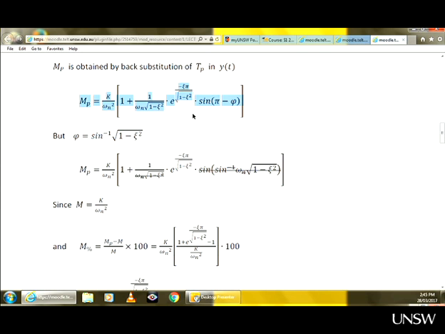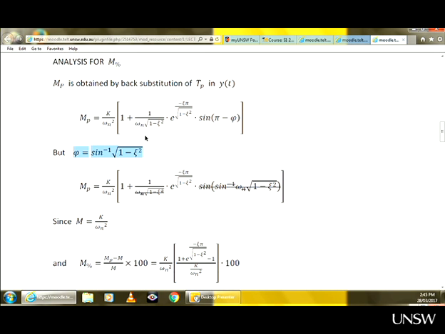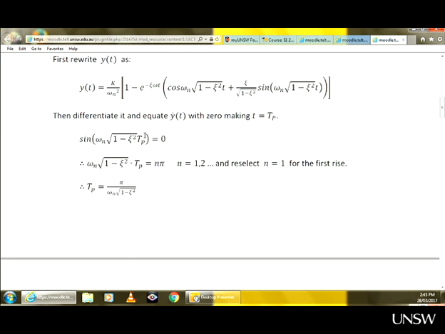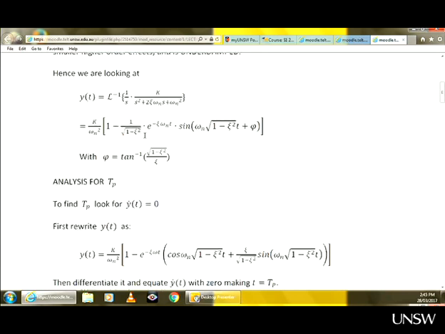Okay, we can simplify that because sine of pi minus phi is still sine phi, right? On the other hand, remember that phi equals sine inverse of square root of 1 minus xi squared. Well, how do we know that? Well, from here. This is phi, as defined in the Laplace transform tables.